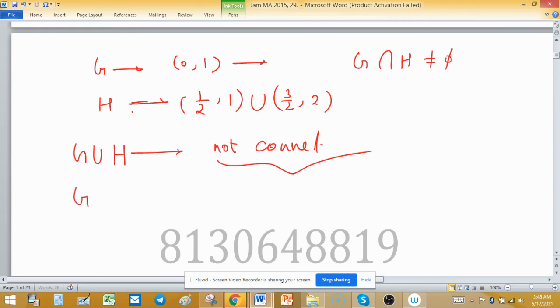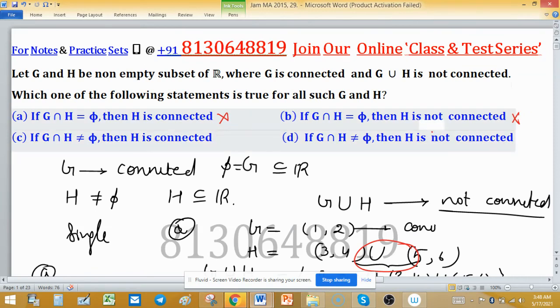Also their intersection is not equal to phi, and you can see that H is not connected. This set H is also not connected. So if the intersection is non-empty, then we can say that H is not connected. So option D will be true and option C will be false.